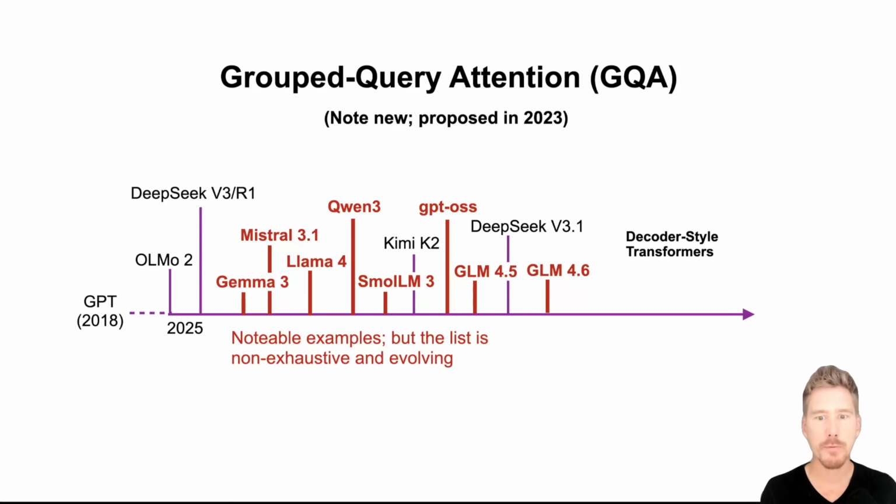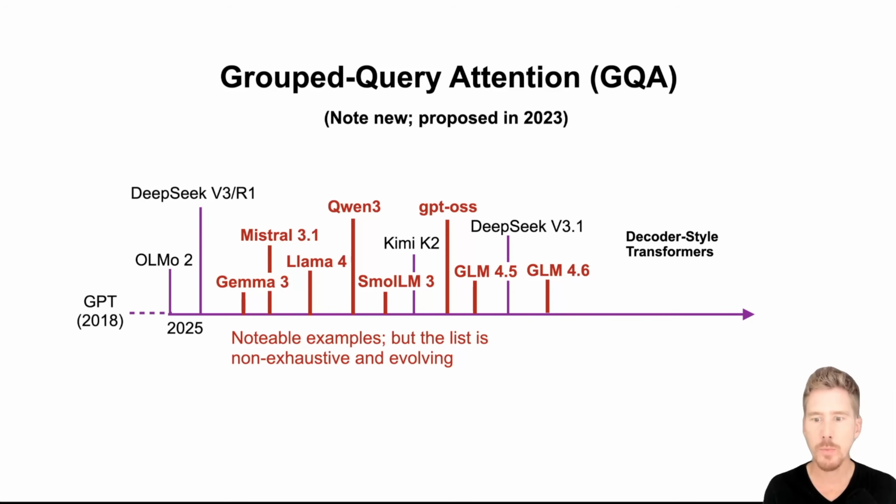There have been a few tricks over the last few years to make the inference requirements a bit lower than they were before with multi-head attention. One of the tricks was grouped query attention. It's not a new trick; it's been around for a long time. For example, even back in 2023, Llama 2 used grouped query attention in the larger models.